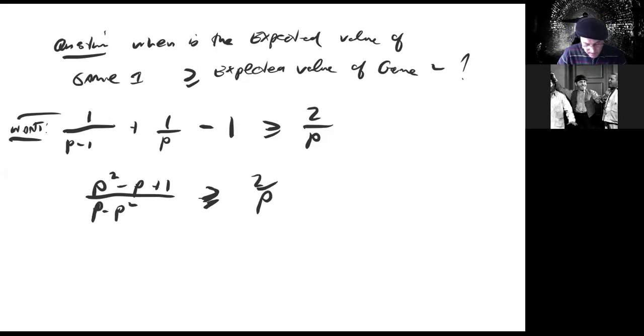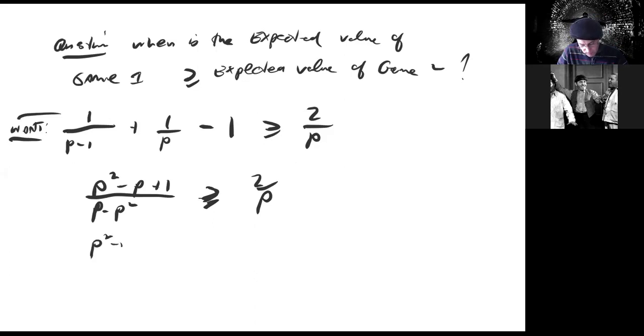Now p is going to be a number between 0 and 1, and it's always going to be larger than p squared. So if you have a number that's a fraction, it's less than 1, it's always larger than its square. So we can multiply both sides by the denominator on the left side.